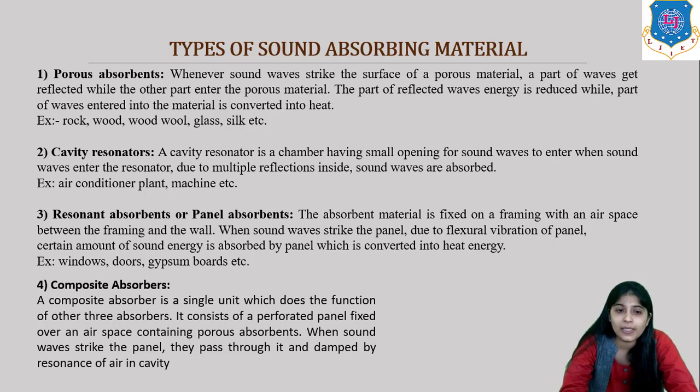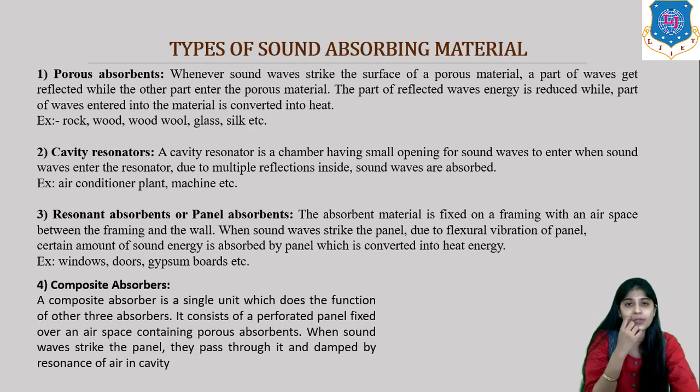So it basically consists of a perforated panel fixed over an air space, right, containing porous absorbent. So when sound waves strike the panel, they pass through it and are damped by the resonance of air in the cavity.